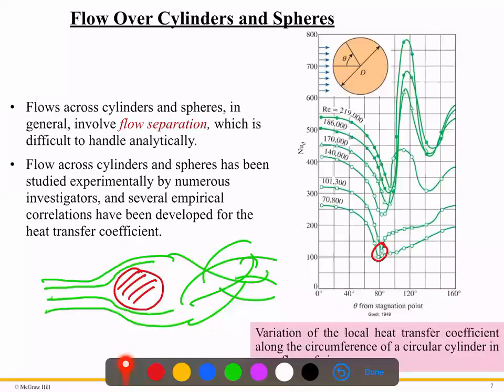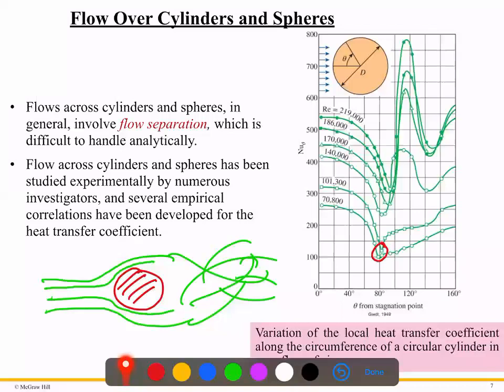The laminar boundary layer becomes thickened, and that means the Nusselt number decreases. At this point, around 80 degrees, it is the flow separation point in laminar flow. And then when the intense mixing happens, it starts increasing again. You see for some cases some increasing trend. We'll discuss it and show some visualizations later on.